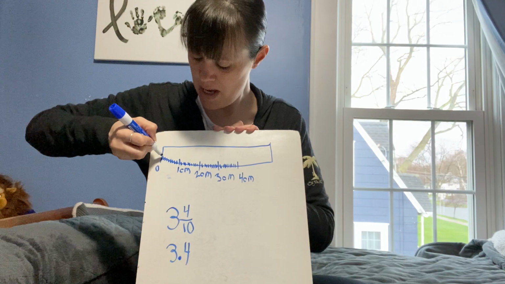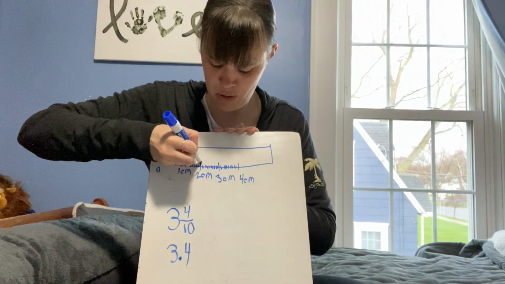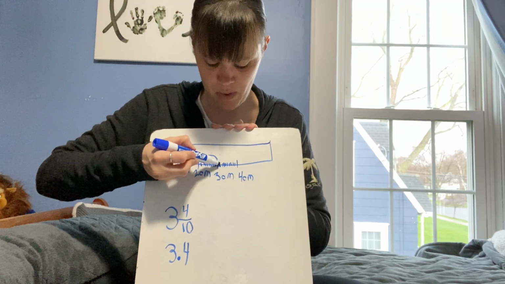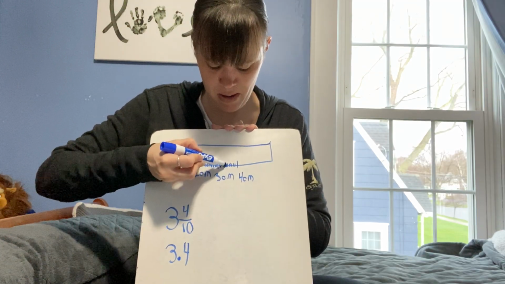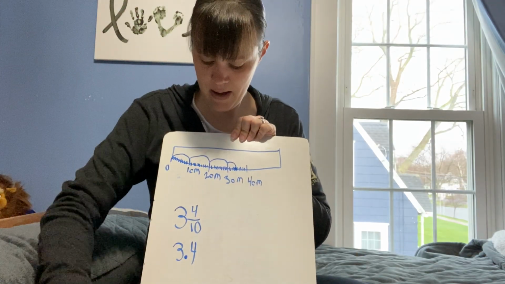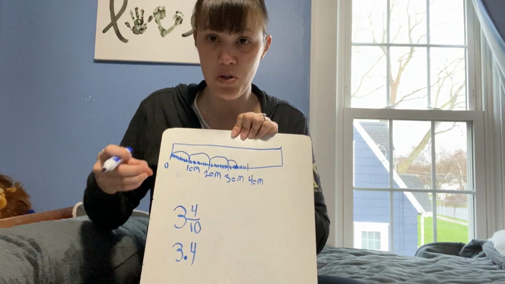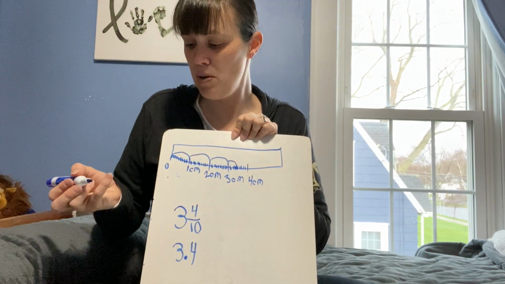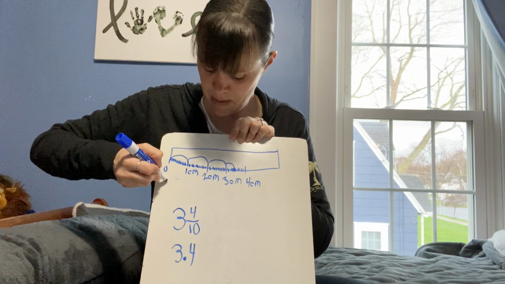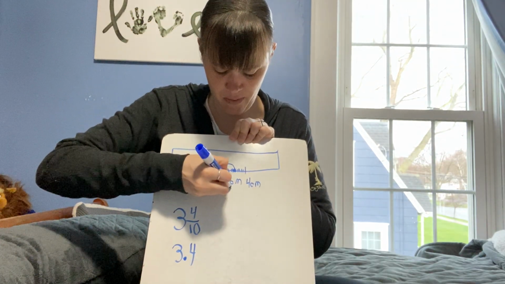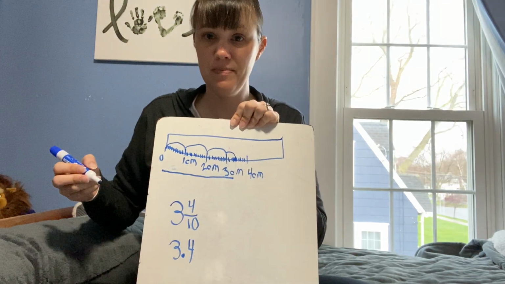So where's 3? There's 1, 2, here's our 3, and now we have to go 4/10. 1, 2, 3, 4. So if I were using my ruler to draw 3 4/10, I'm going to start at the 0, use my ruler correctly, draw all the way to 3, and then count 1, 2, 3, 4, 4/10.